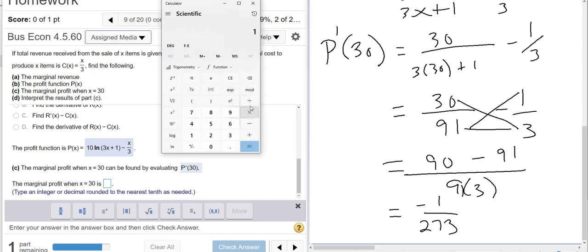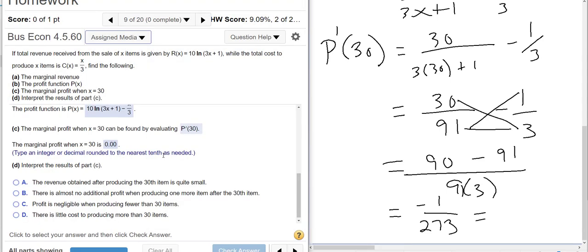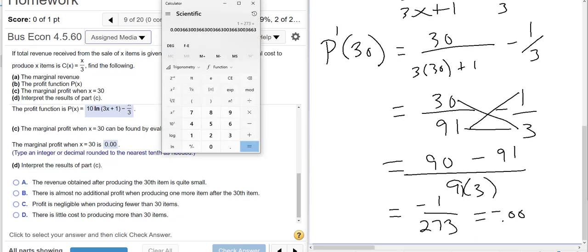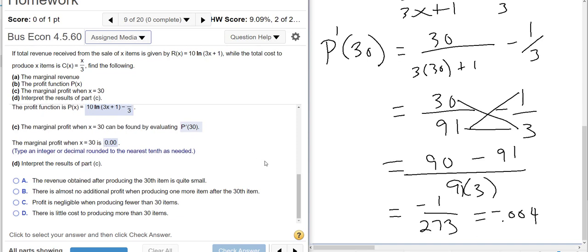So 1 divided by 273, when you divide this, you get -0.004, but to 2 decimal places, that's just 0.00. And negative is irrelevant when you have 0, so it's just 0.00. And I've already checked that, and that is correct.